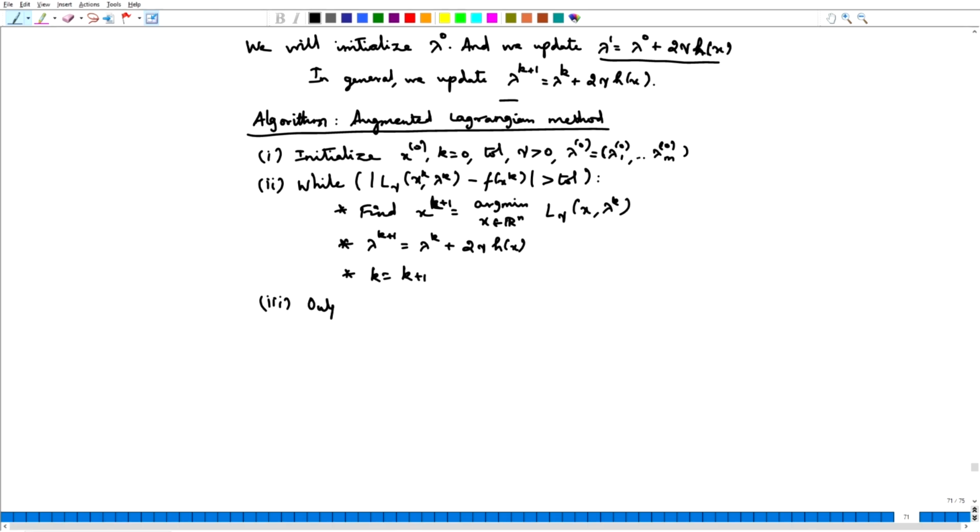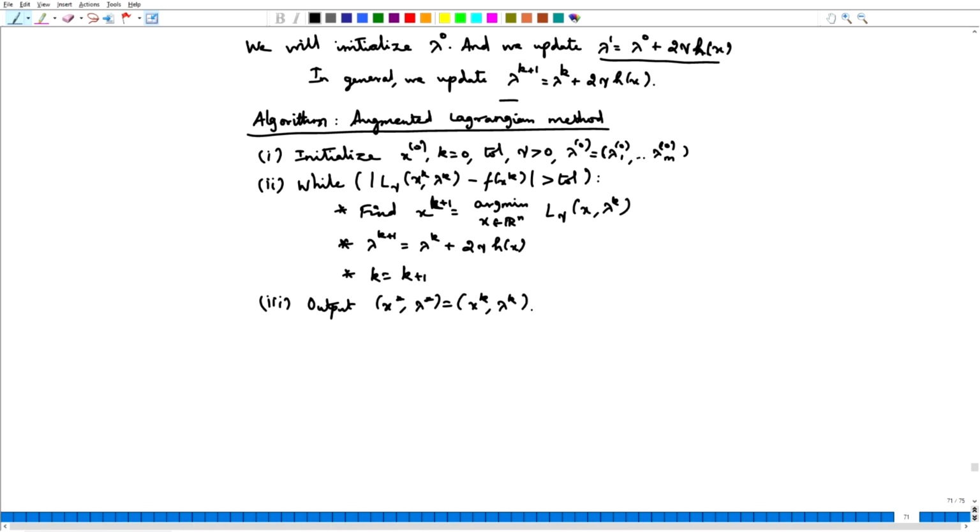Yeah, output x star equal to x k, and actually I should write x star, lambda star equal to x k, lambda k.